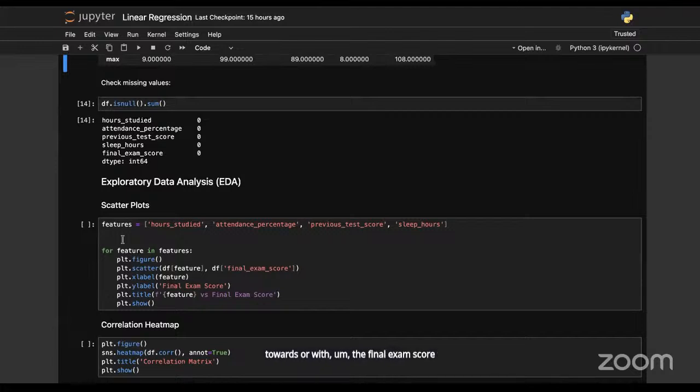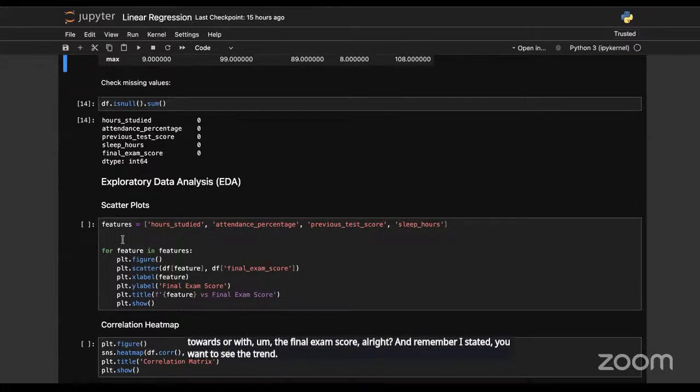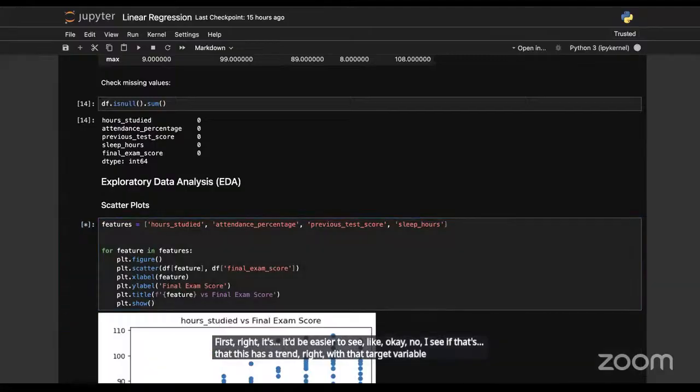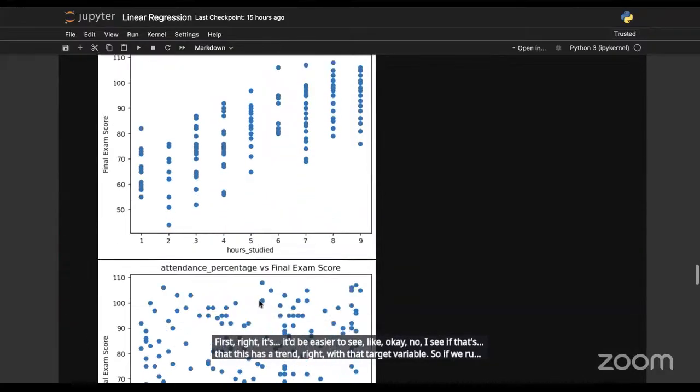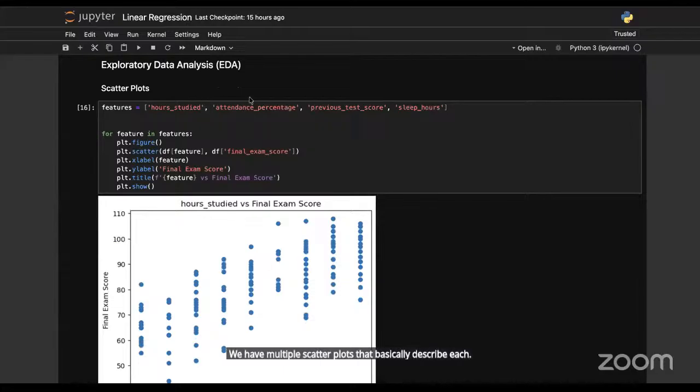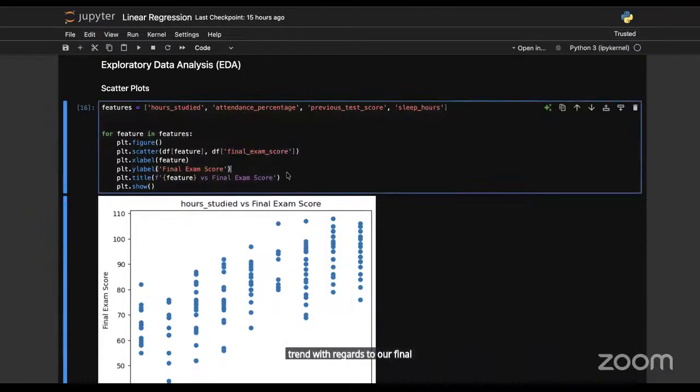And as I stated, you want to see the trend first. So if we run that, we have multiple scatter plots that basically describe each trend with regards to our final exam score.